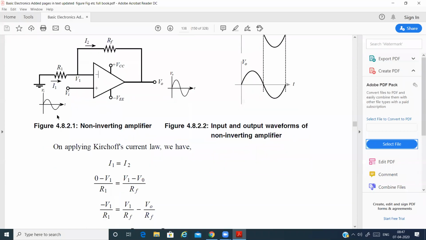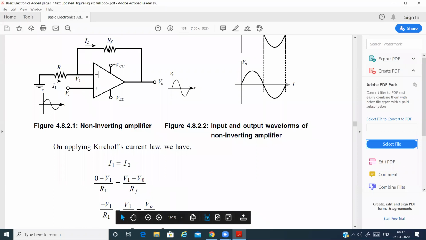Just remember that. So now current entering is equal to current leaving. Current entering is I1, since it is starting from the ground to this V1. So it is 0 minus V1, because this is ground, it is completely 0, and this is V1, divided by R1. We are writing current in terms of V by R, voltage by resistance.